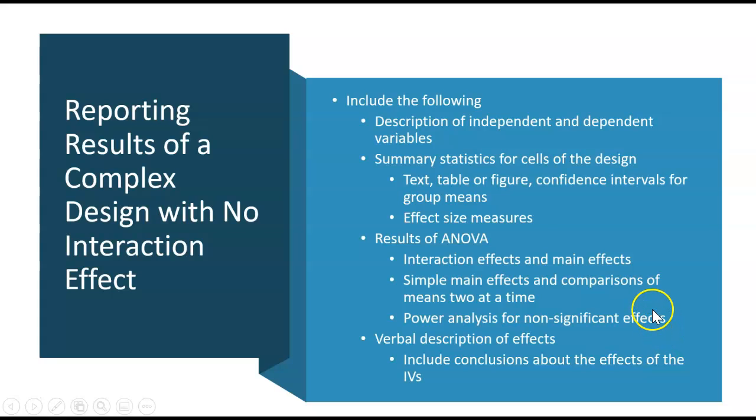You still, though, have to give a verbal description of whatever effects might be there. Means plots can help you because they help you to visualize, although as Pallant notes in her text, you should be careful in the way you interpret those means plots because they do tend to make differences between groups appear greater than they actually are. And that concludes part 4 for chapter 12.